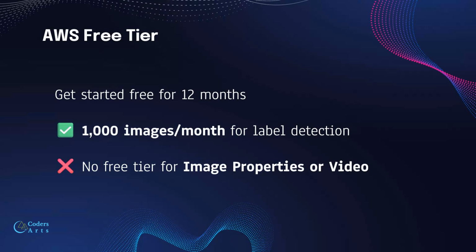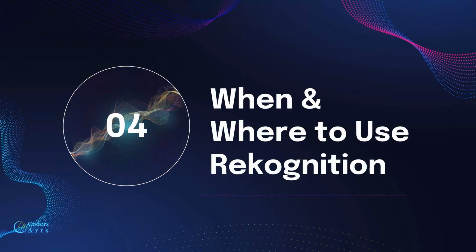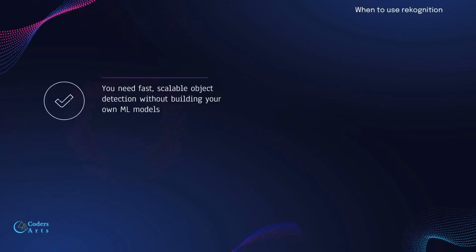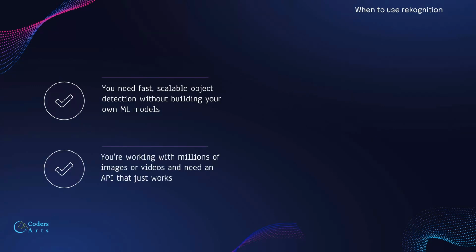Now let us move to the next section, which is when and where to use Rekognition. You can consider using Amazon Rekognition when you need fast and scalable object detection without building your own ML models, or when you're working with millions of images or videos and need an API that just works for you.